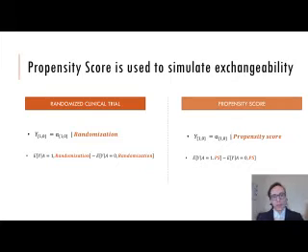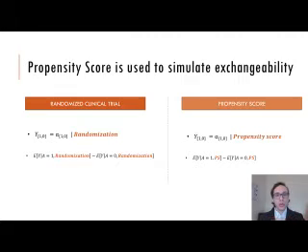If we look on the left-hand side of this representation, we have what we normally do in a randomized clinical trial, like we discussed before. The outcome is always studied conditional on randomization based on the group that the person's in, intervention or not intervention.